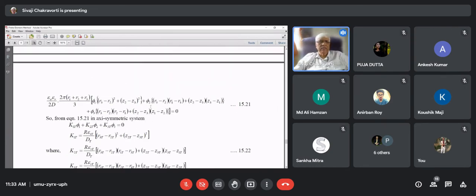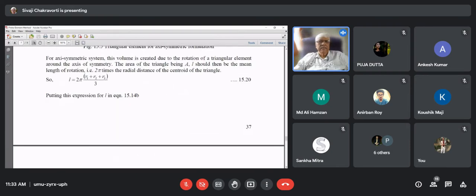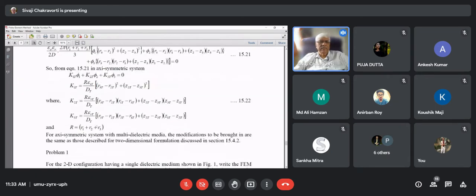What is capital R? Capital R is R1 plus R2 plus R3, because these are constant terms, 2 pi by 3. So we have replaced that. We have written capital R here on your screen, R1 plus R2 plus R3. So now if you look at it, once again you see that this equation is almost the same as the two-dimensional equations.